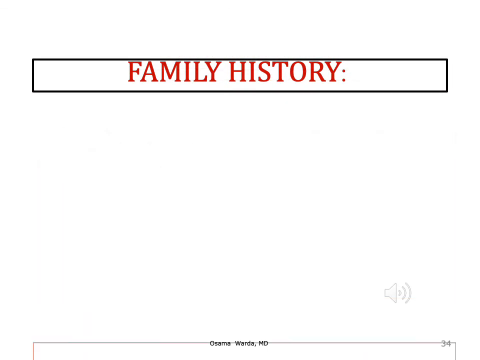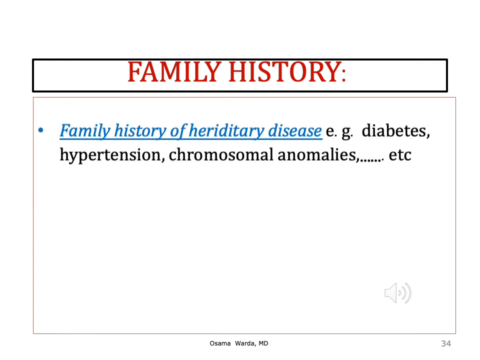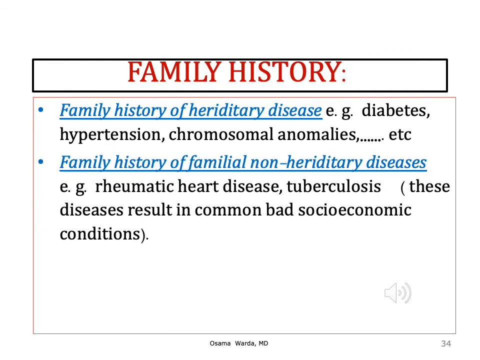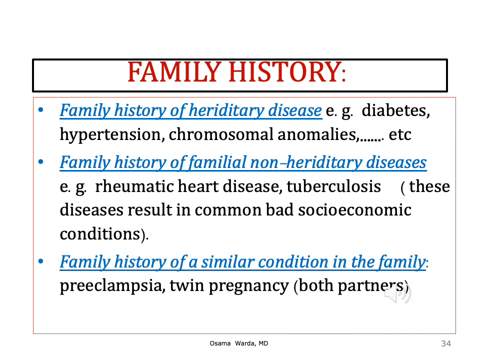Family history of hereditary disease such as diabetes mellitus, hypertension, chromosomal anomalies, family history of familial non-hereditary disease such as diseases that are in common socioeconomic status, such as rheumatic heart disease, tuberculosis, and then family history of similar conditions such as preeclampsia, twin pregnancy.